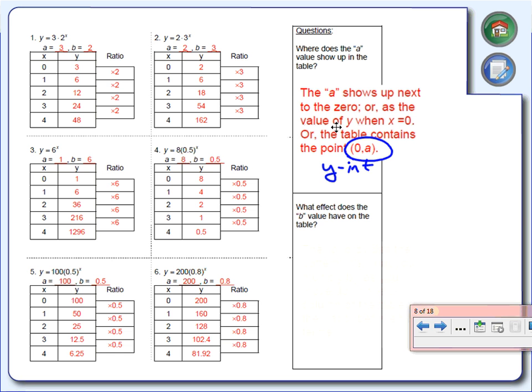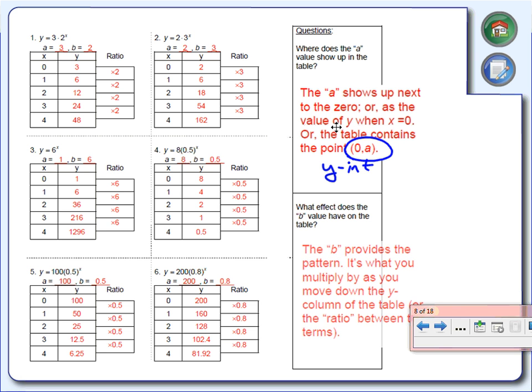All right, so that's the A. What about the B? What effect does B have on the table? What do we notice about B? There it is. It's the number that we're multiplying by. So B is our pattern. It's what we're multiplying by, or it's called the ratio.